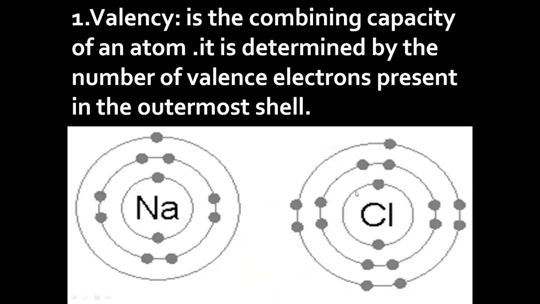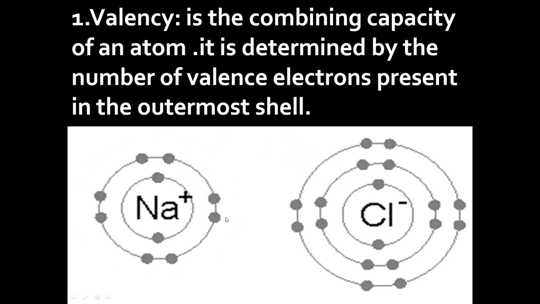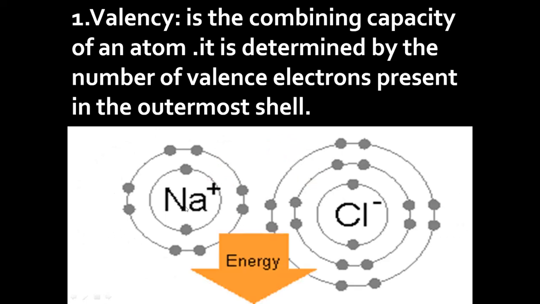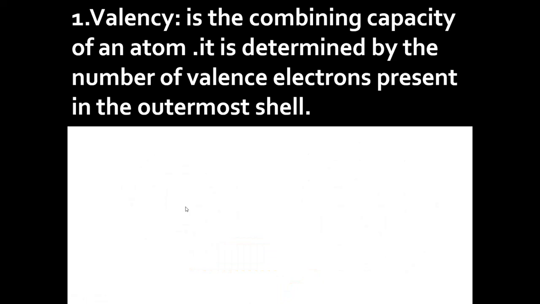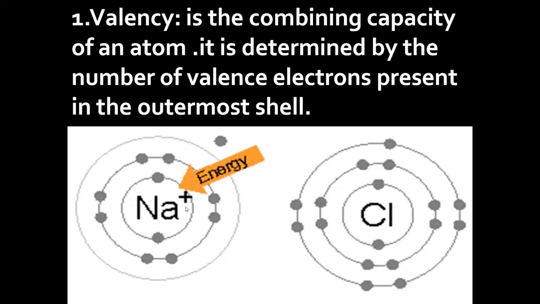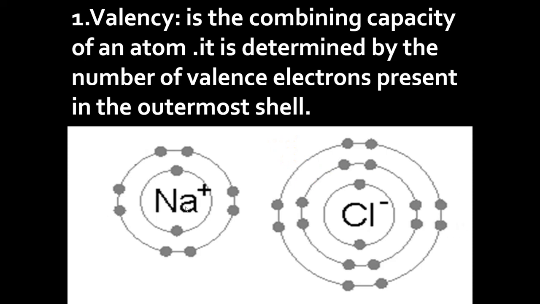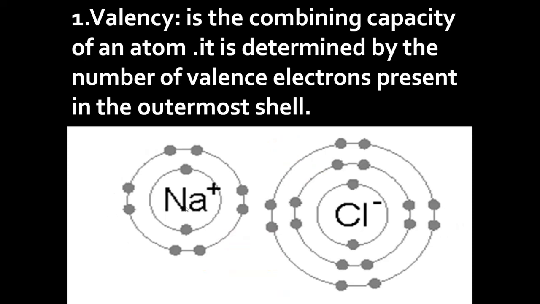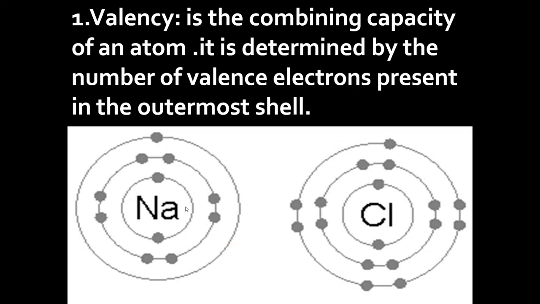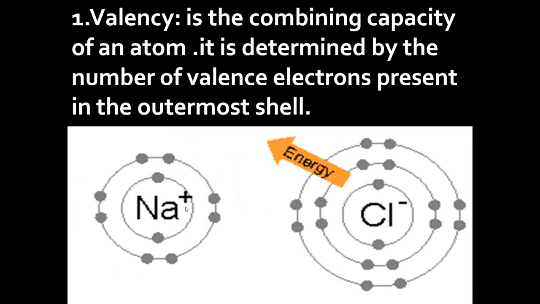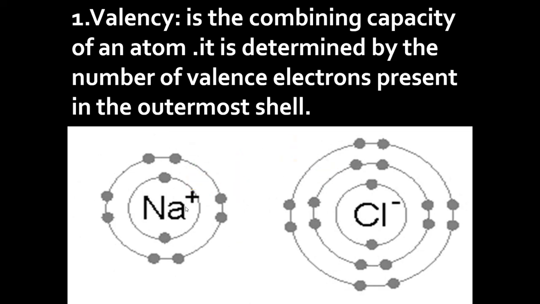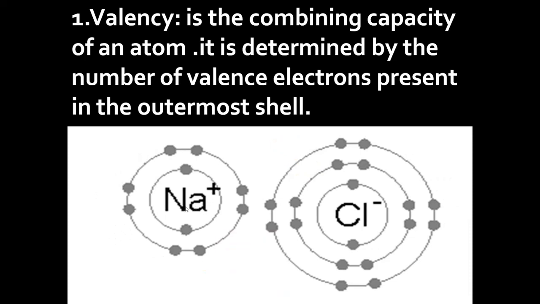Since it gains 1 electron, it gets a negative charge, and sodium donates 1 electron, so it gains a positive charge. Therefore, there will be an electrostatic force of attraction between the positive and negative ions that are formed, and it helps in the combining of atoms.